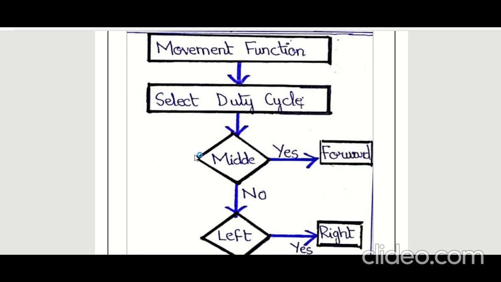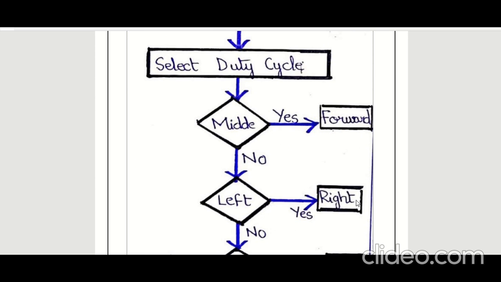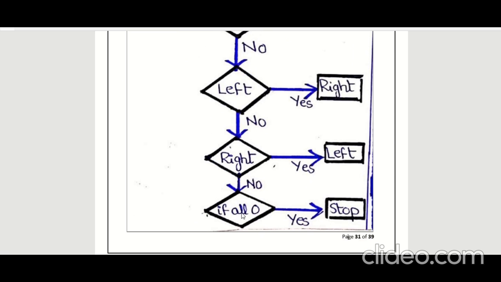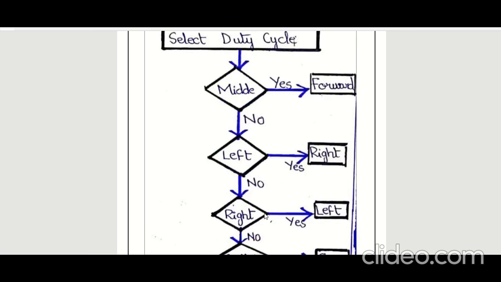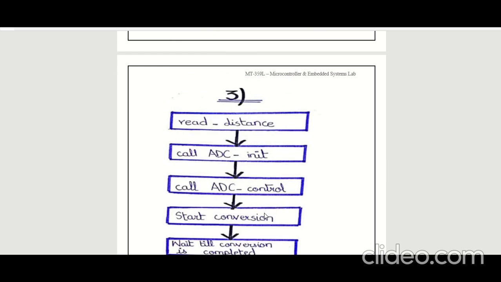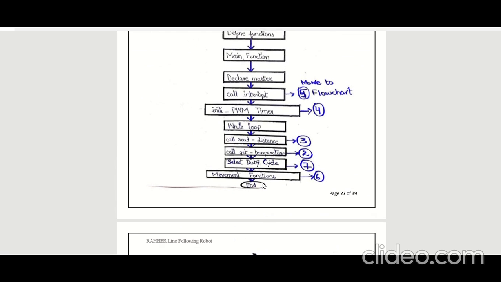Then if the middle sensor is enabled, it will move forward. If the left sensor is enabled, it will move rightwards. And if the right sensor is enabled, it will turn left. And if all are 0, the robot will stop. So this is our movement function, and at last it will end the program.